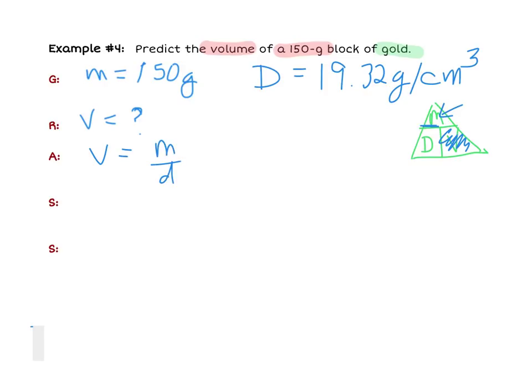And my solving now just involves plugging those values in. So mass of 150 divided by my density of 19.32. Let's write in some units there, grams, and then grams per cubic centimeter. Then I divide my 150 by 19.32.